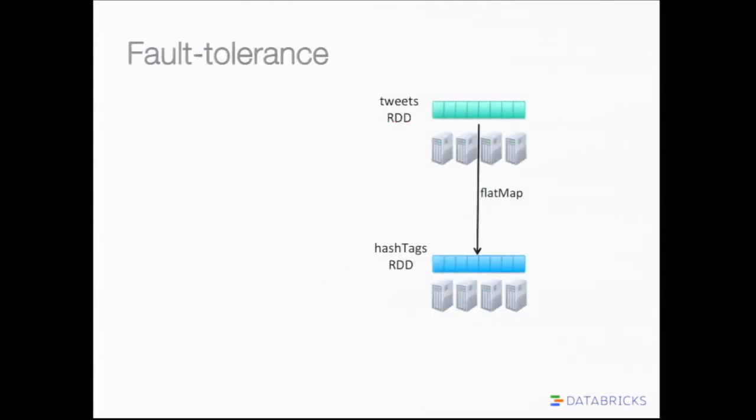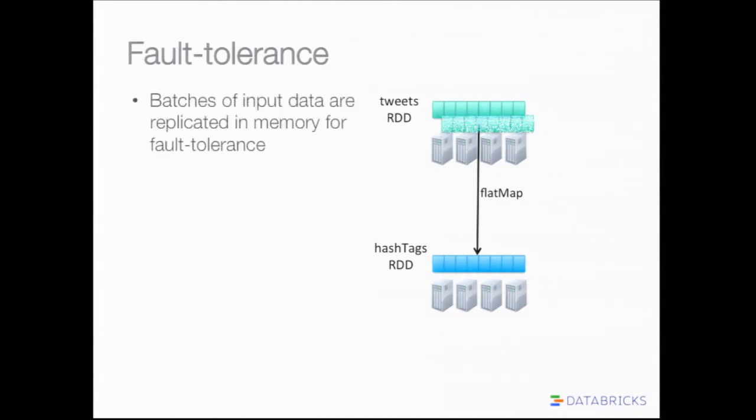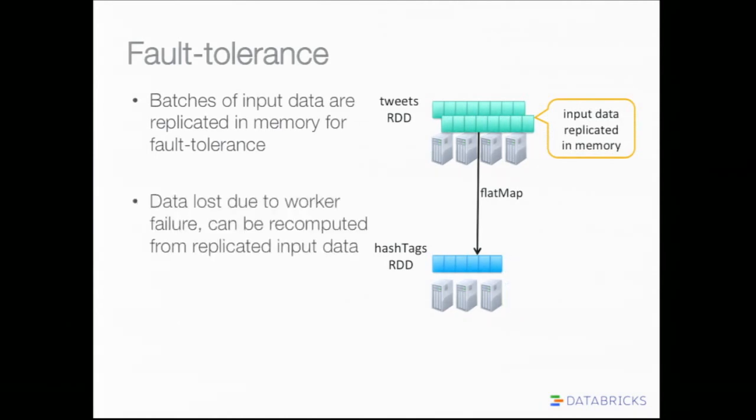Finally, a small point about fault tolerance. The way we handle fault tolerance, to give you stronger guarantees than what other systems can give, is that the raw input data is actually replicated in Spark's memory. So if any of the worker nodes dies, since the data is replicated on at least 2 machines, we can automatically recompute the transformed data, in this case, let's say the hashtags that were lost, back again from the raw input data.